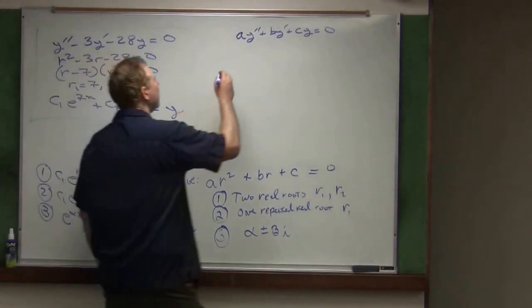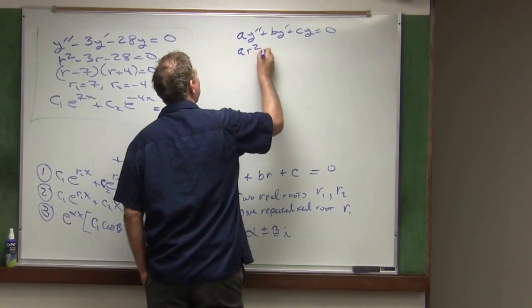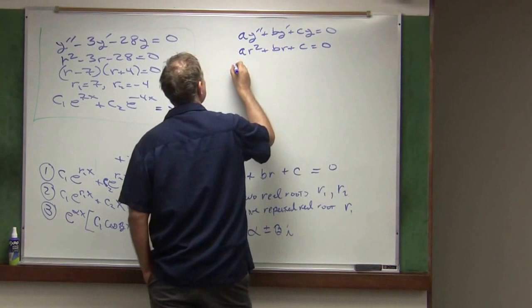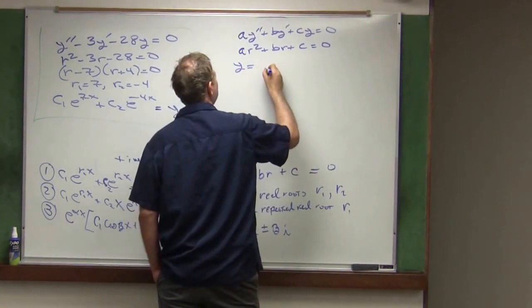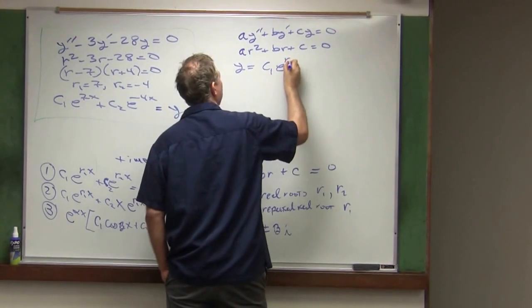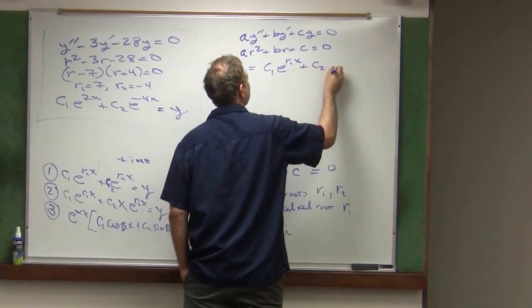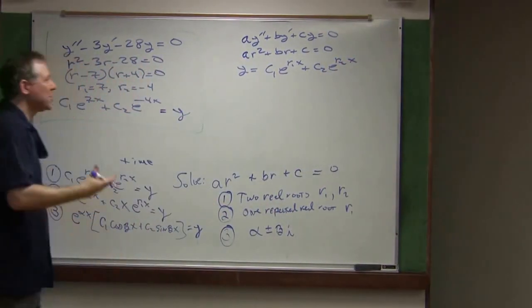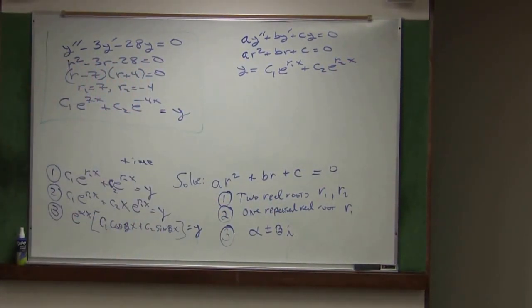We have a r squared plus b r plus c is 0. We're claiming the solution, say y is c1 e to the r1 x plus c2 e to the r2 x. Okay, well, let's check that this really does work.